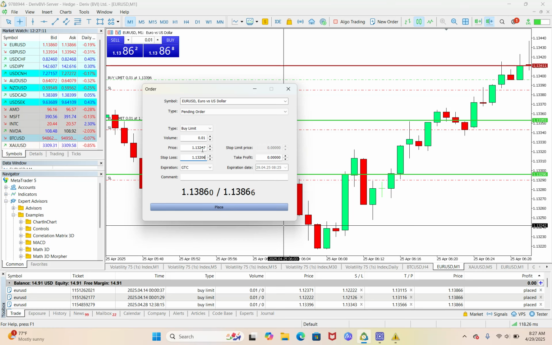So we're risking 41 pips, which is equal to 41 cents because it's a 0.01 lot size we're using. Each pip is going to be 1 cent. You multiply the risk by the lot size, which is 0.01 lot. So we're risking 41 cents.